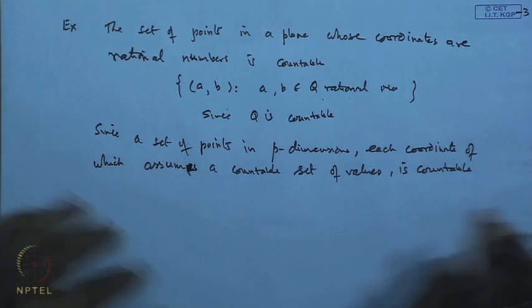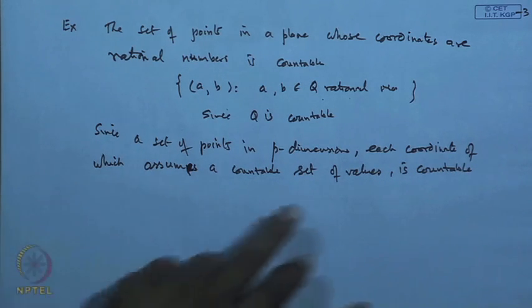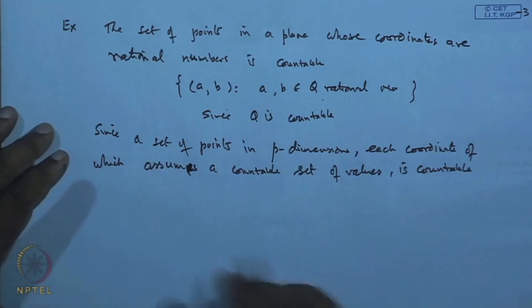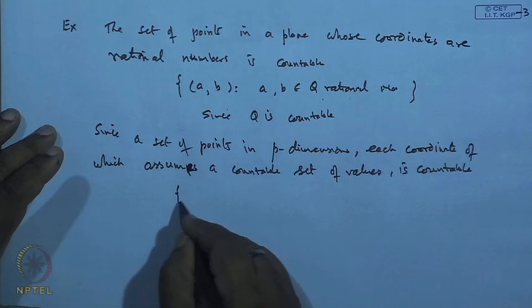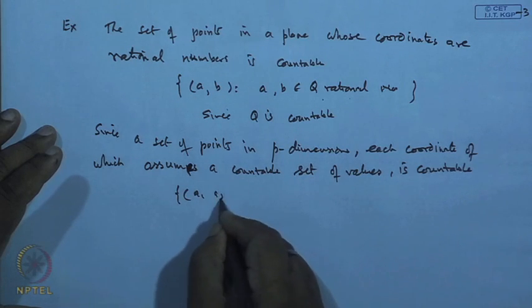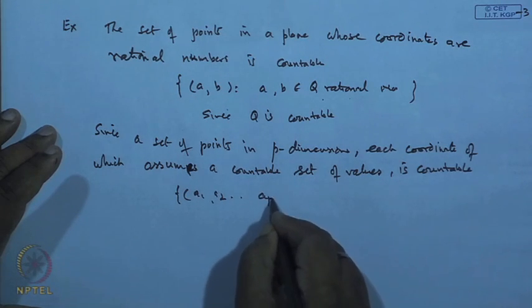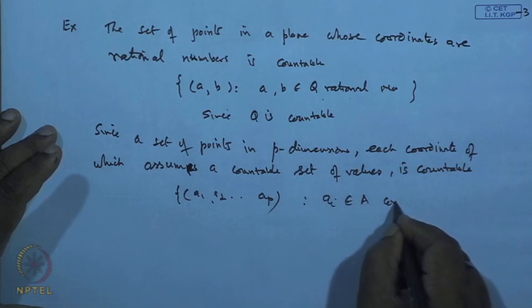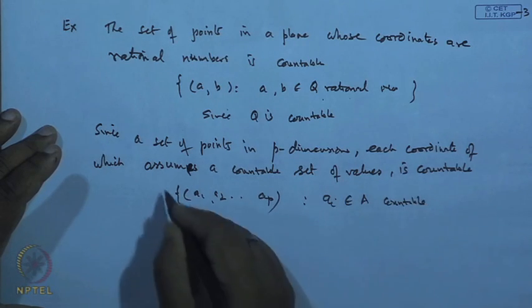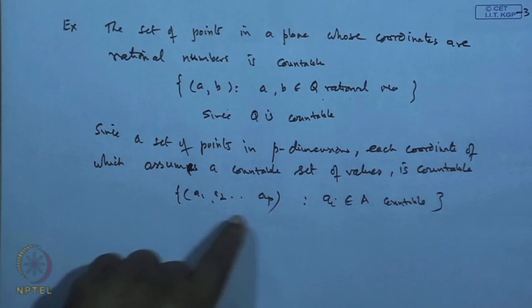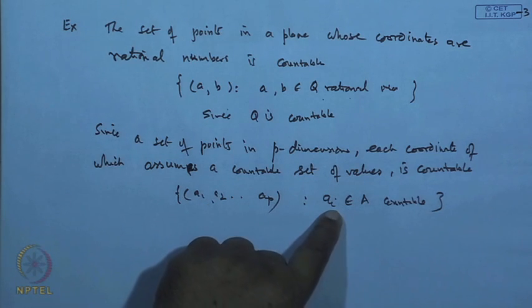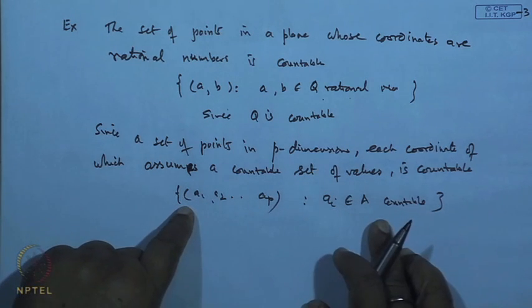In fact, this was shown already, because suppose a set of p dimensions is there, we prove by means of induction. We have shown that if this set A1 × A2 × ... × Ap, where the Ai's are in a set A which is countable, then this collection of sets is also countable, and this we have shown when p is 1, then this coincides with the set A which is countable.